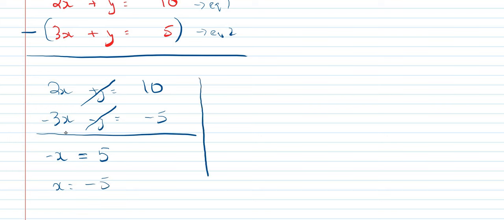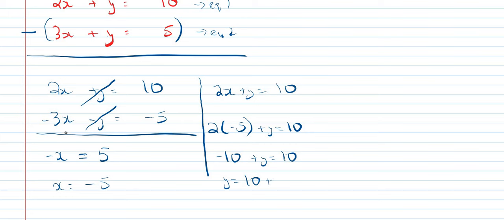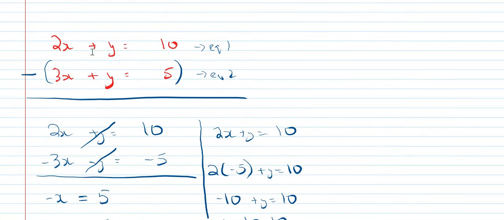In order to find the value of y, we can use the first equation, which is 2x plus y is equal to 10. In place of x, I will write minus 5, so this becomes minus 10 plus y is equal to 10. y is equal to 10 plus 10. y is equal to 20. So whenever the signs are the same, we have to multiply one of the equations with a negative sign in order to eliminate.